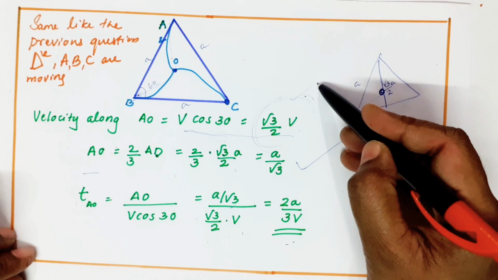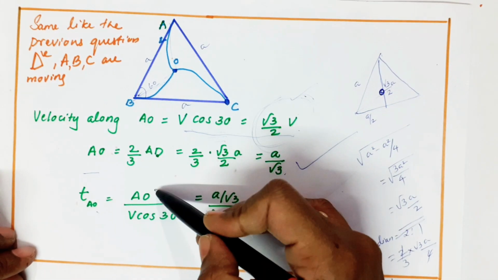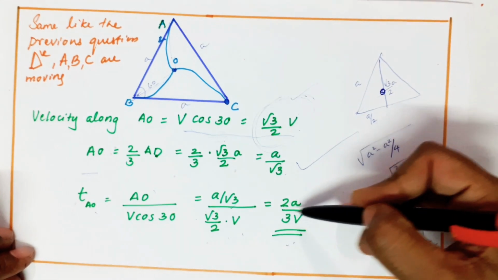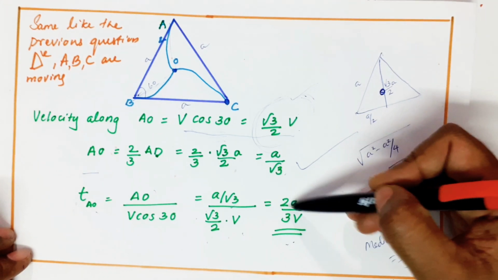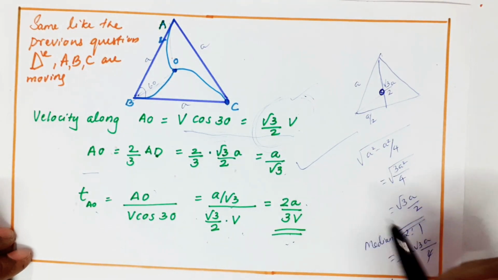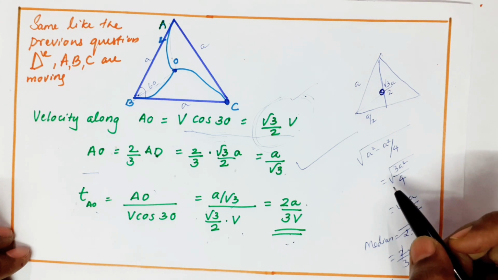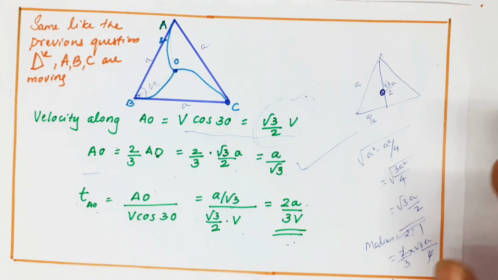I got the velocity, you calculated the distance as A by root 3, then time is distance by speed, which is 2A by 3V. After the time of 2A by 3V, the particle gets intersected. So what I discussed now are the important questions from here.